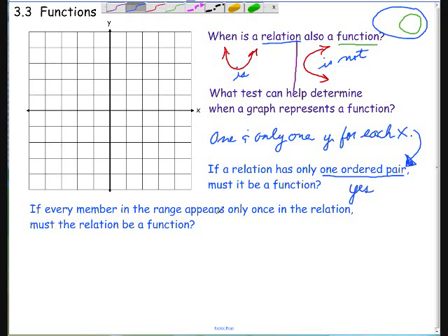If every member in a range appears only once in the relation, must the relation then be a function? Well, I can give you an example of that. Remember what the question is asking about, range. Let's say we're going from negative infinity to positive infinity with this function.